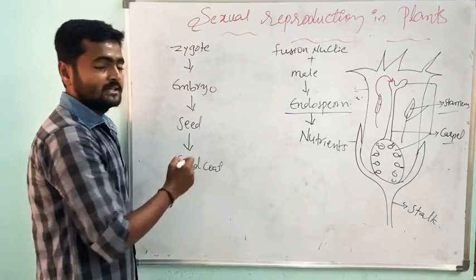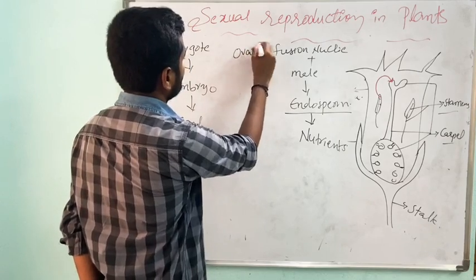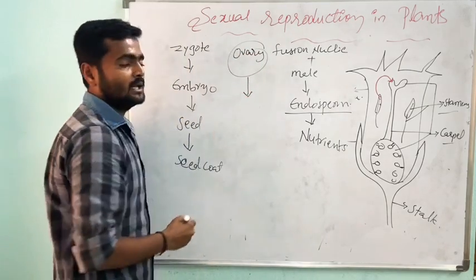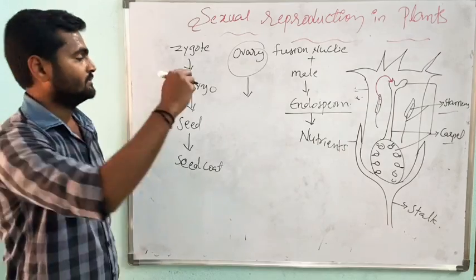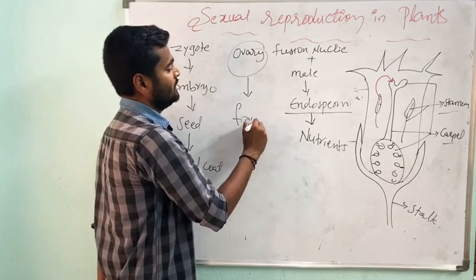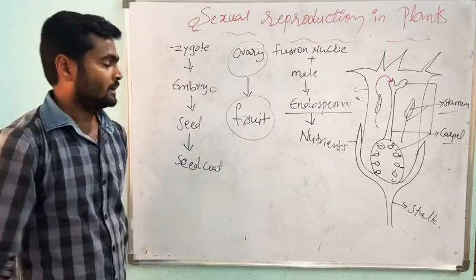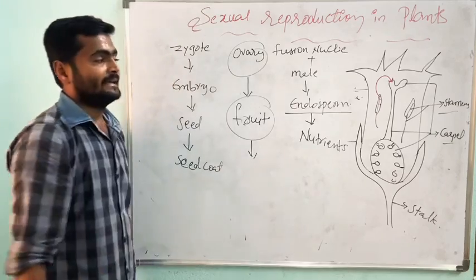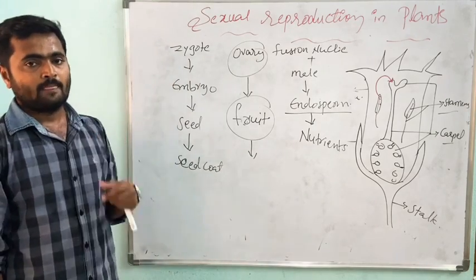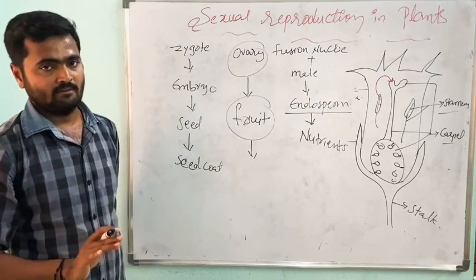Now after the fertilization, the total ovary converts into fruit, and the remaining parts like sepals and petals, and male reproductive parts like stamens, shed off from the flower.